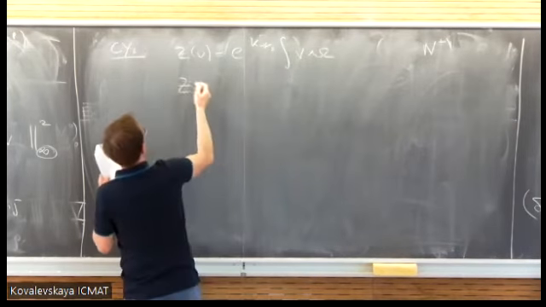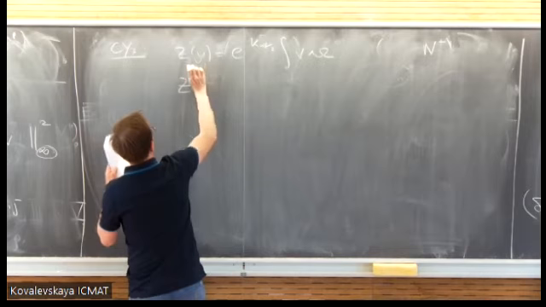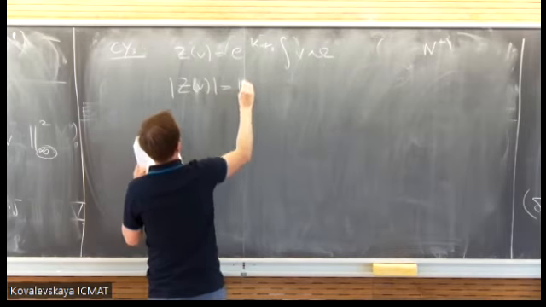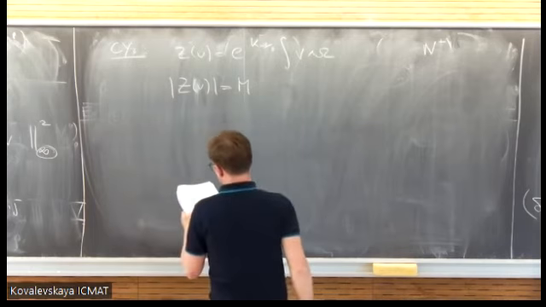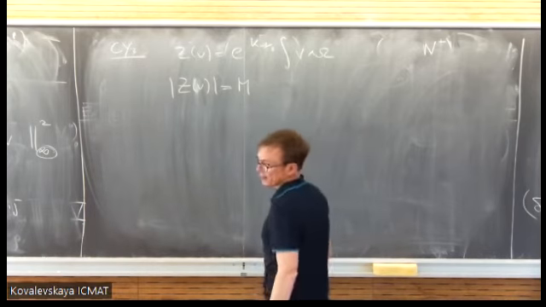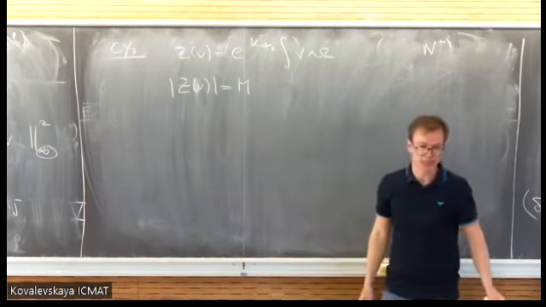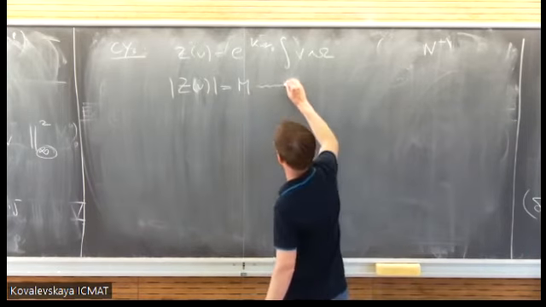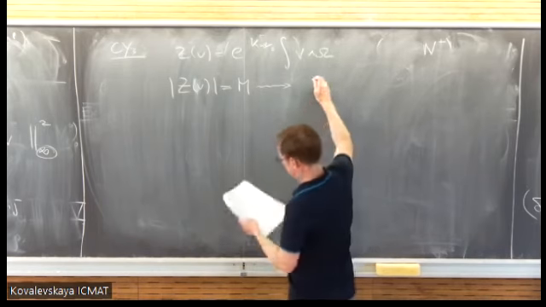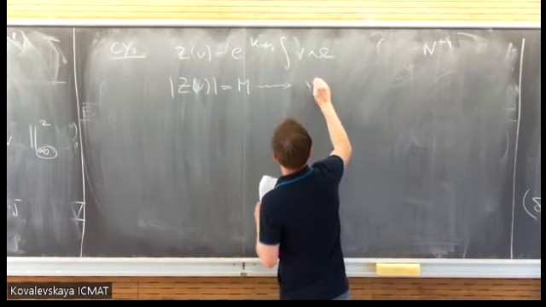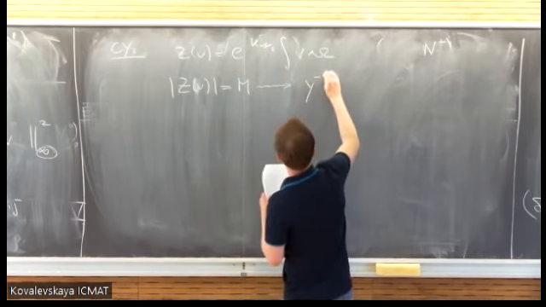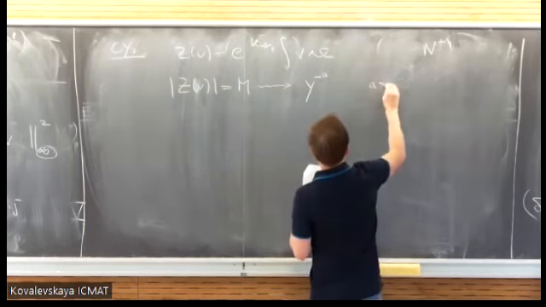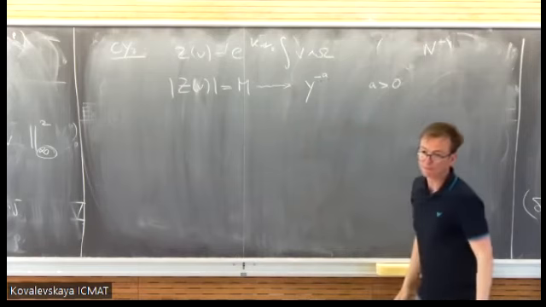And in fact, I can use Cauchy, and the masses are given by the absolute value of this. In order for the distance conjecture to be satisfied, I want that if I go to the boundary, this falls off like our coordinates y to some power a, where a is bigger than 0.